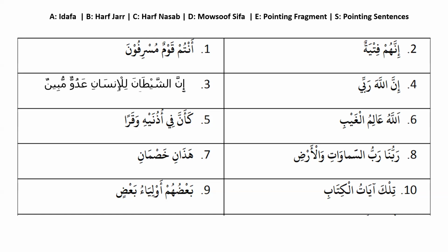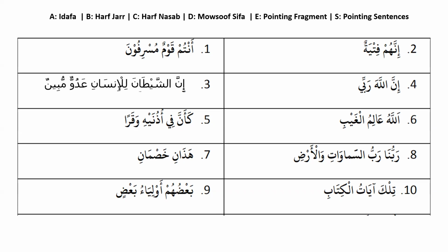Kaumun is plural and musrifun is also plural. Kaumun is masculine and musrifun is also masculine, because it is a sound masculine plural with una at the end. Kaumun is plural because it's ism jama, right? We learned words like kaumun, ahlun, karnun. So this is mawsuf and sifa.